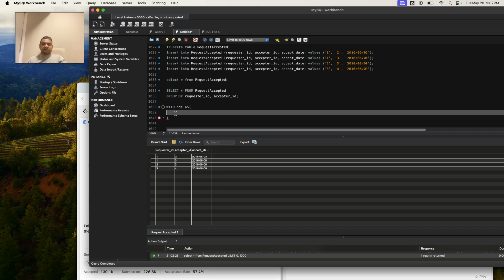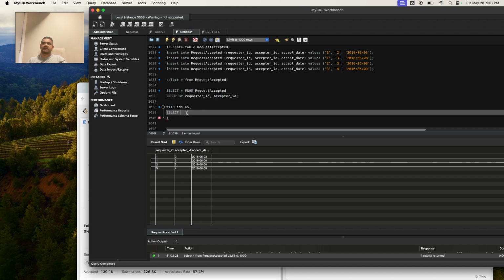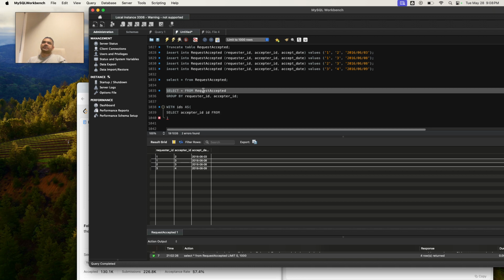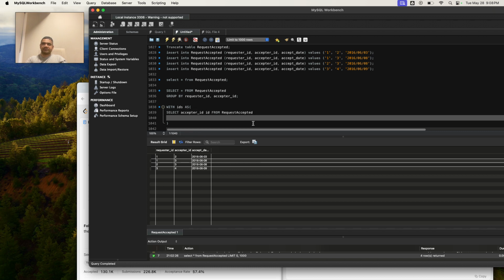In this one, select requester ID as the common ID, and accepter ID from the same table, and UNION ALL.